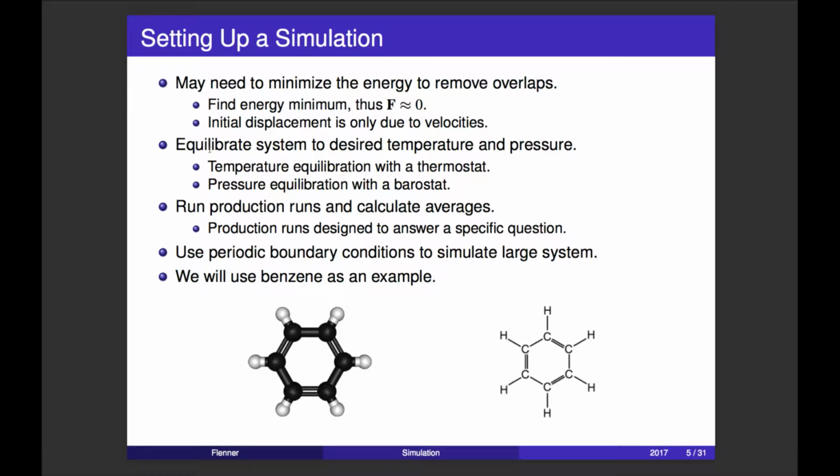But you can't really do a macroscopic system. These things are still very microscopic. So to be able to get quantities that are similar to what is found in bulk systems, we use periodic boundary conditions.